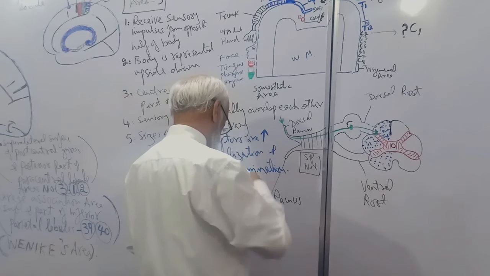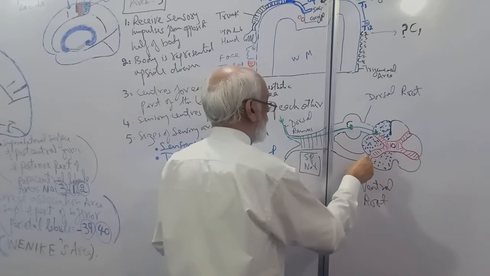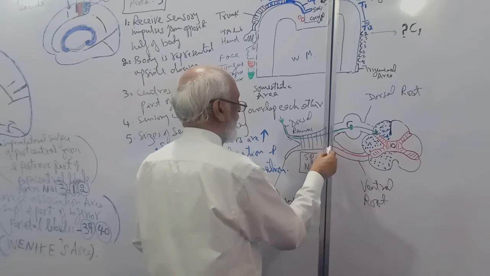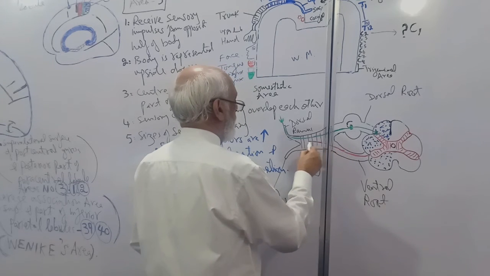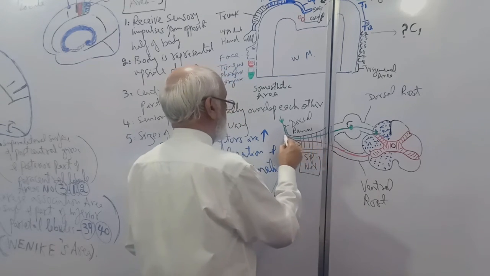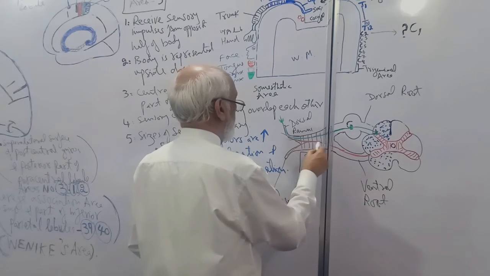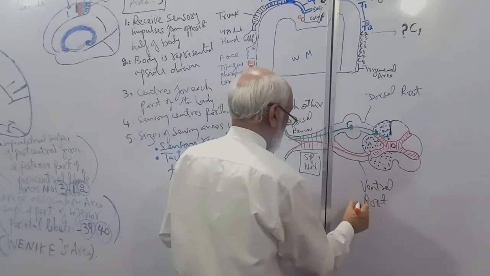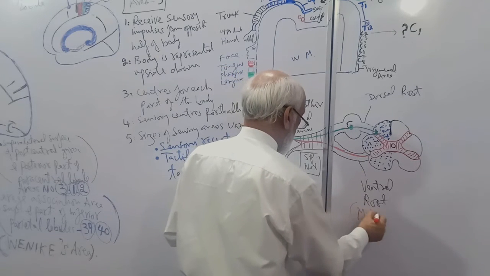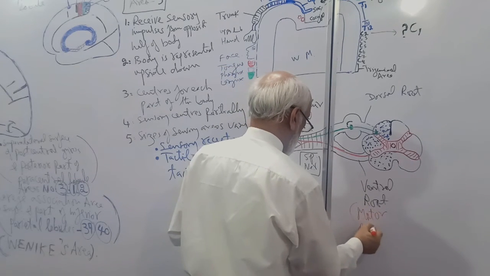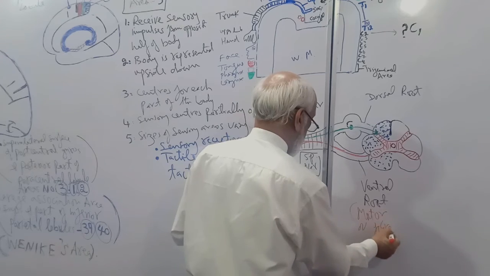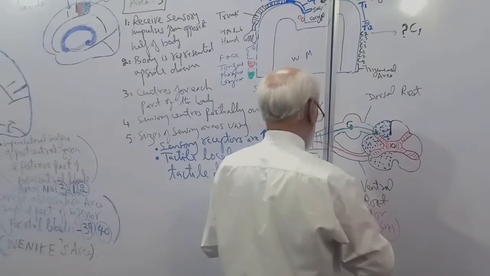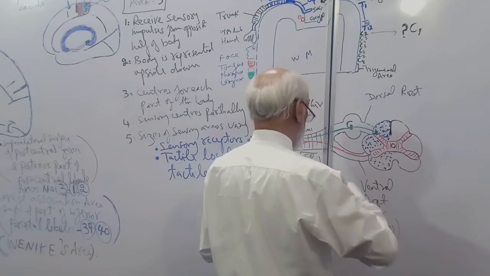And then from the anterior horn, motor fibers arise. They pass through the ventral root, spinal nerve, and then pass through the rami. So in the ventral root are motor nerve fibers, and in the dorsal root are sensory nerve fibers.